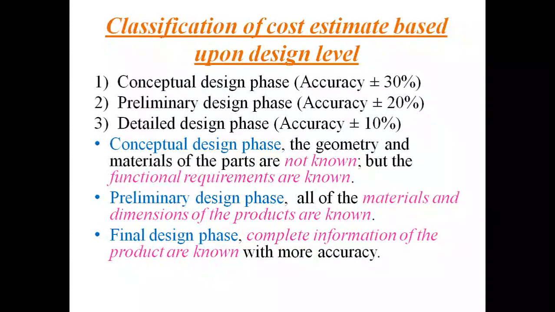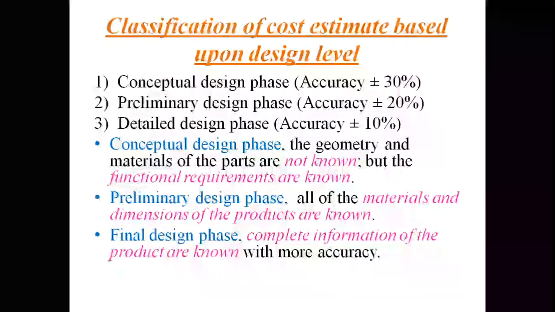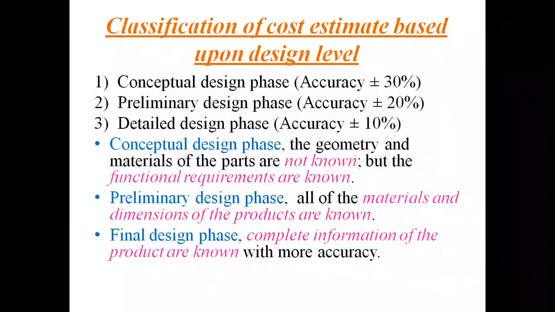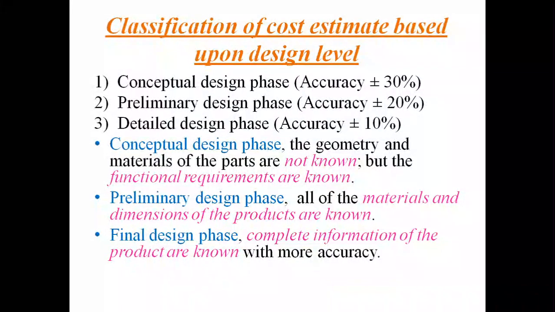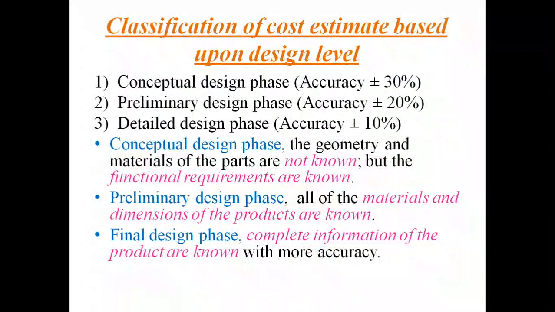And third one is detailed design phase or final design phase. In this final design phase, complete information of the product is known with more accuracy. The estimate of each and every component in the system will be made and summed up to arrive at the final cost estimate of the product.